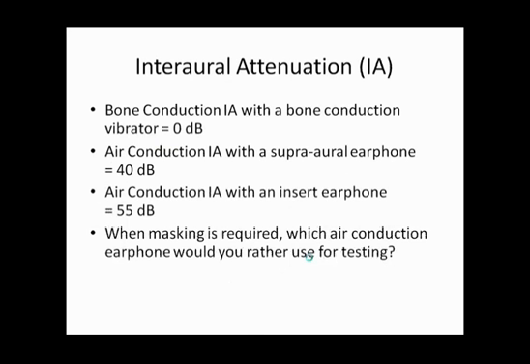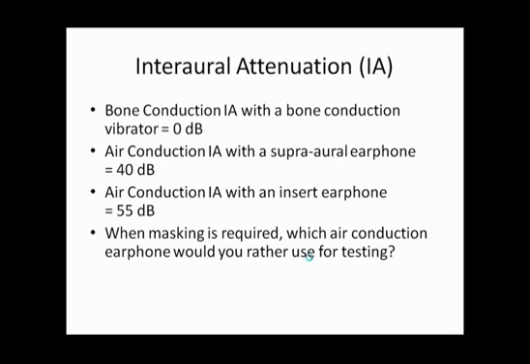Interaural attenuation. So for bone conduction interaural attenuation, using a bone conduction vibrator, we're going to assume it is 0 dB. Interaural attenuation, when we use a supraaural earphone for air conduction thresholds, we're going to assume it's 40 dB. And then when we use an insert phone, we're going to assume that the interaural attenuation is 55 dB. When masking is required, which air conduction earphone would you rather use for testing?